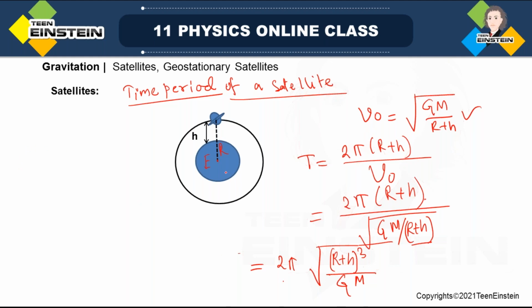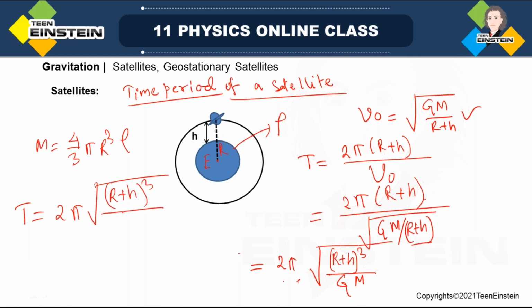Now look, if the density of the earth is rho, then this capital M can be written as 4 by 3 pi R cube rho. So if we put this M in this particular equation, look how the expression for the time period changes.